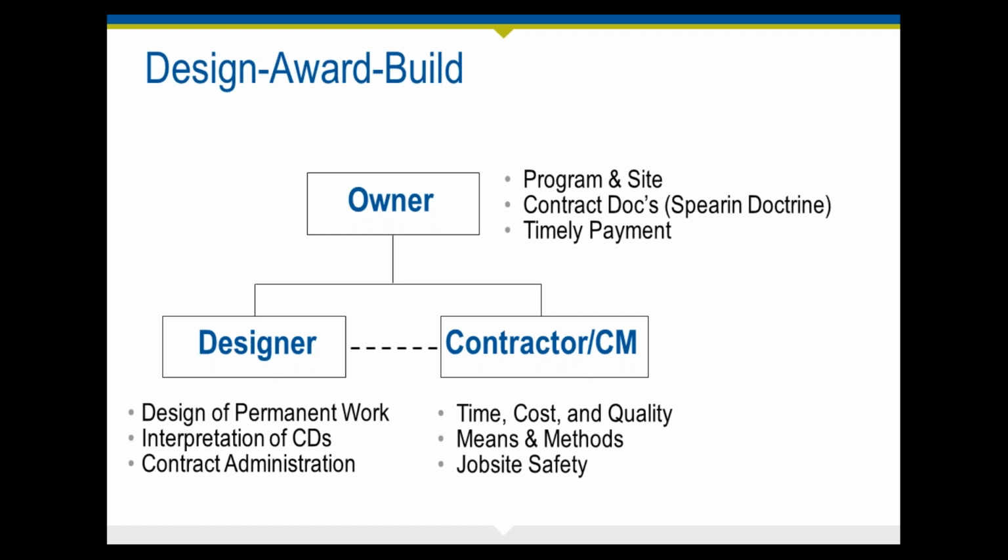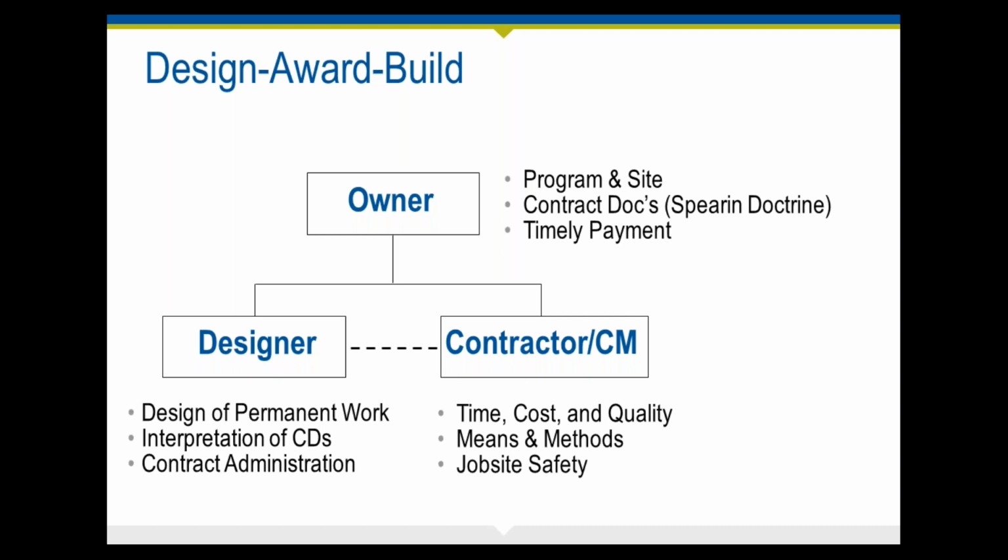Some of these alternate project delivery vehicles that we're talking about were really developed to try to address some of the deficiencies from the owner's standpoint in having them issue that implied warranty, that Spearman doctrine. So that's why I thought it was important to talk about it here in the initial design, award, build phase.